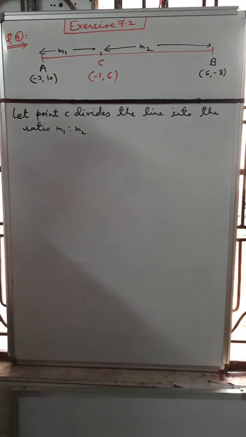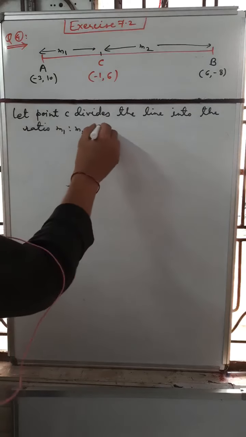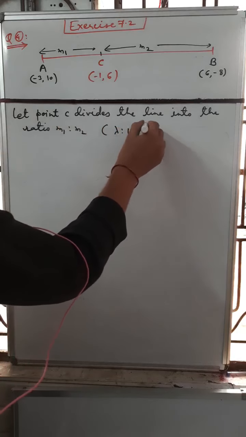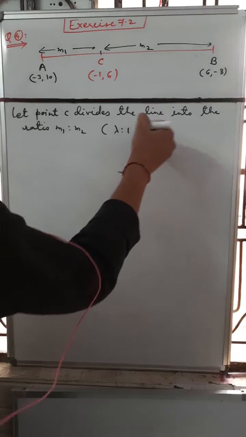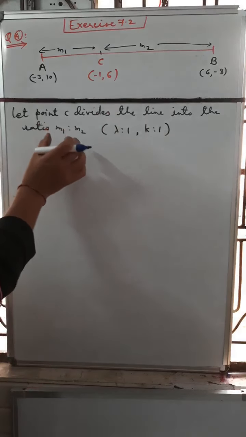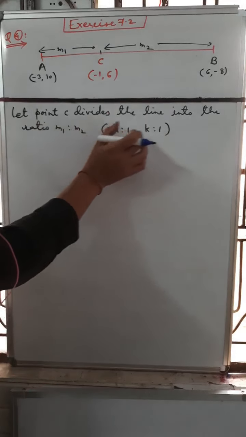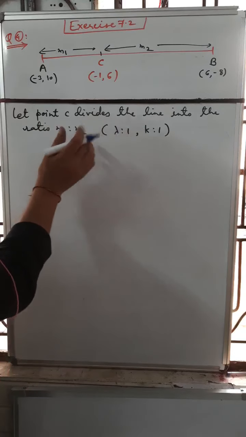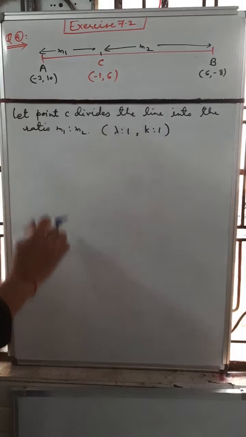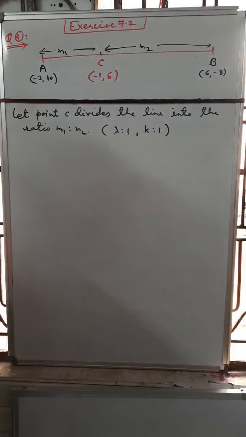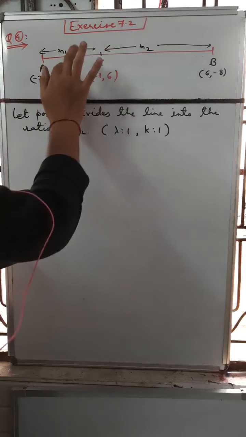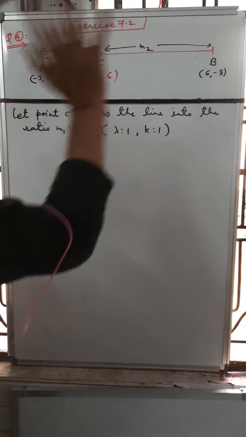If you don't like m1 ratio m2, you can take lambda comma 1, or k comma 1, whatever you like. You can use any of these ratios, but I am solving this problem by using m1 ratio m2. So here we have to find out in which ratio the point C divides the line AB.